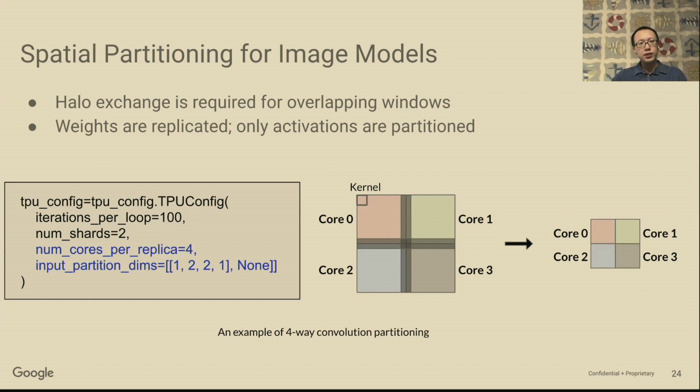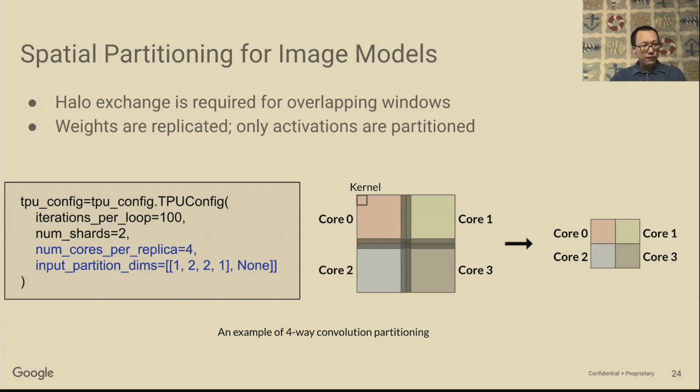So let's take a look at what spatial partitioning is. We know that for image models, most inputs and activations will have two spatial dimensions, width and height. If you have a model that takes very large inputs, for example super resolution models, or medical images, which are usually very large, sometimes the input itself will be too large to fit into the device memory.